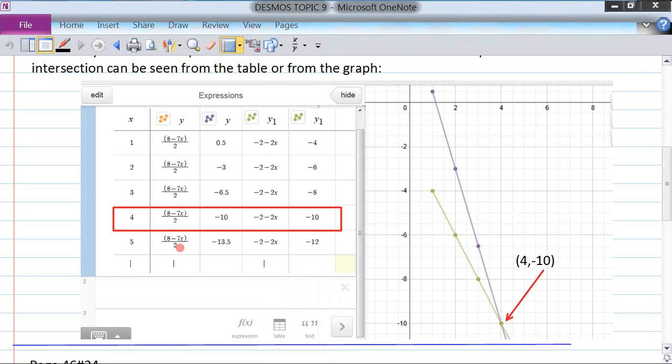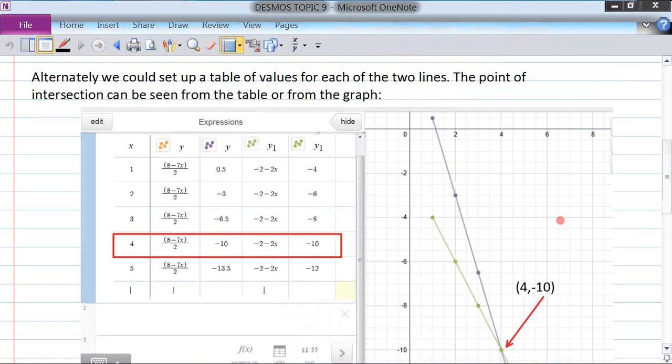And it calculates all of these values and displays them on the graph. Then I can add another value of y here to calculate this. In other words, 8 minus 7 times 1 over 2 is 0.5. So I can actually see the numerical value.